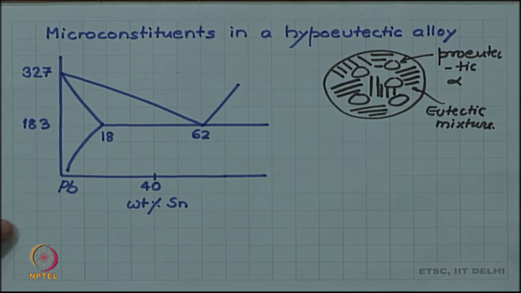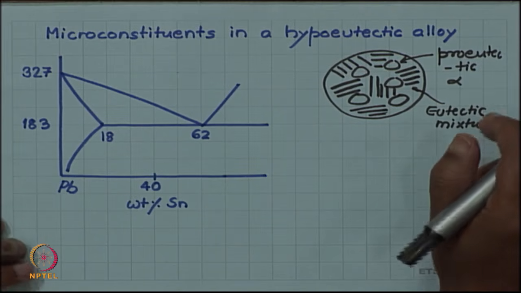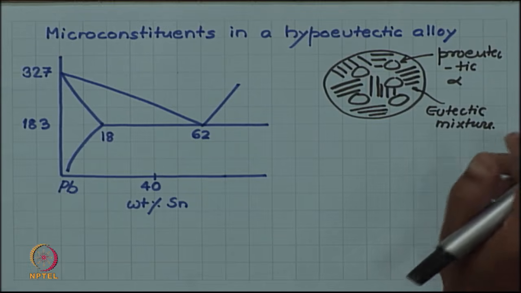So, we can ask, for example, how much pro-eutectic alpha and eutectic mixture is there in the alloy.